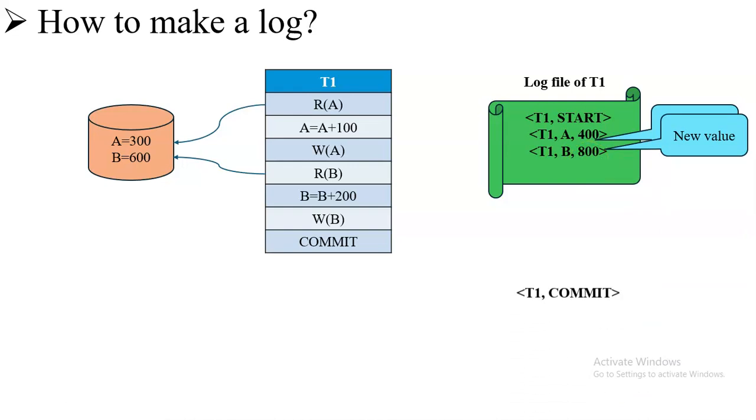And finally it gets commit, which means that all the tasks have been successfully completed, and now the new values can be updated into the database. So this is how the log file is maintained. This is the log file of transaction T1. If you see here, the new values, the latest values of that particular variable, are maintained.